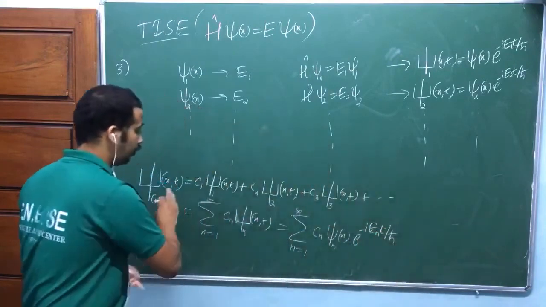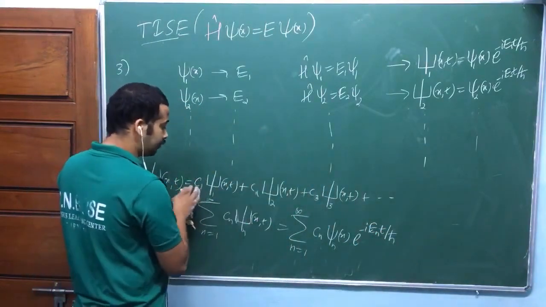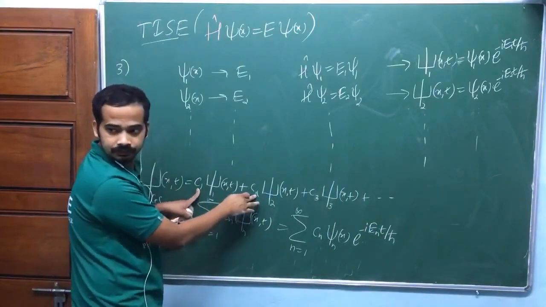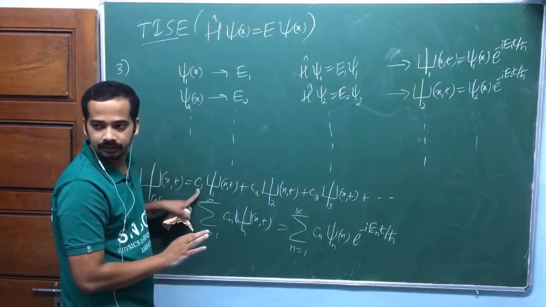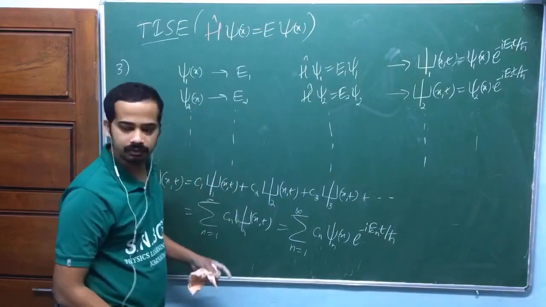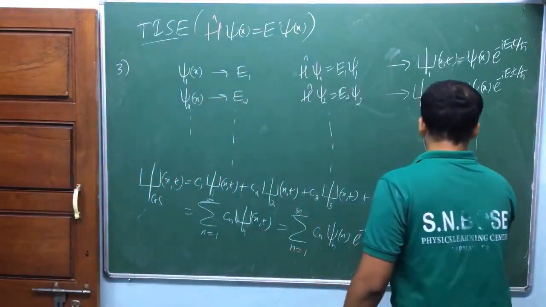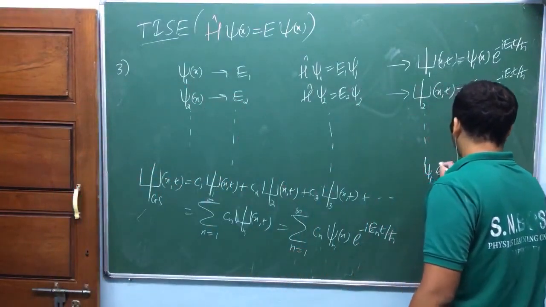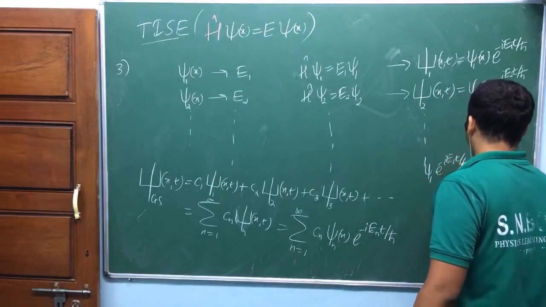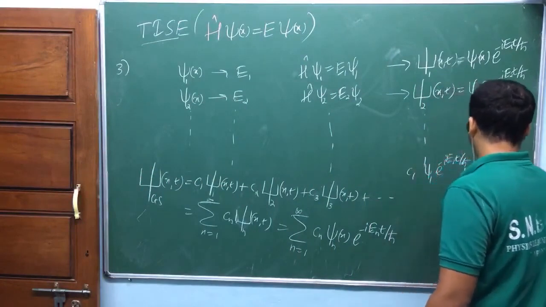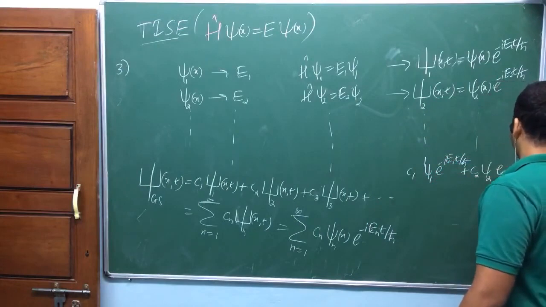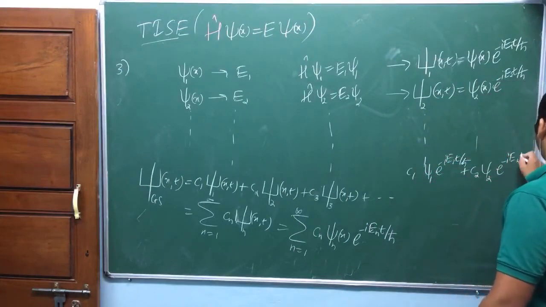Now look at here. If any two of these are non-zero, this is a non-stationary state. This is non-separable also. Just check that out. So psi1 into e power minus i E1 t by h bar, C1, plus C2 psi2 e power minus i E2 t by h bar.